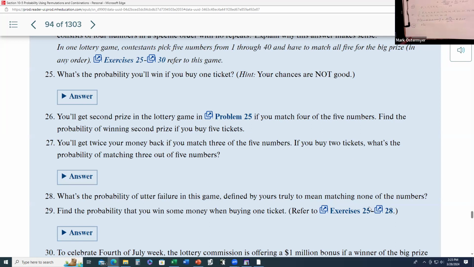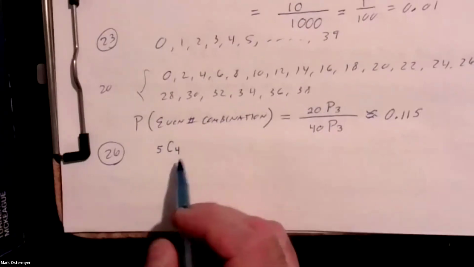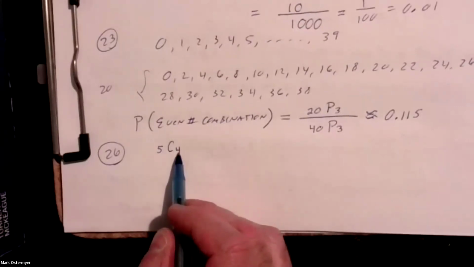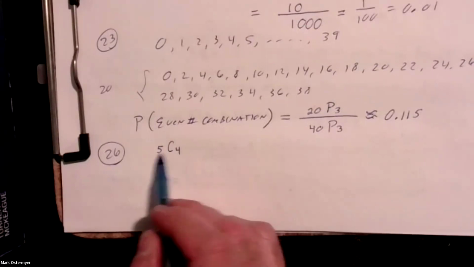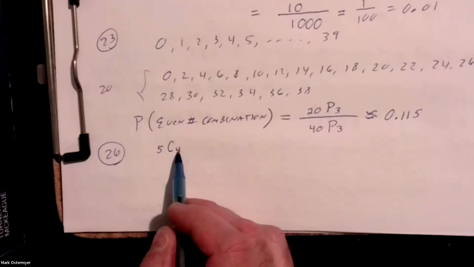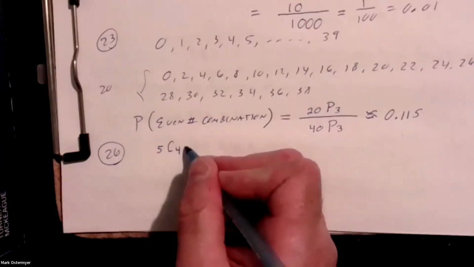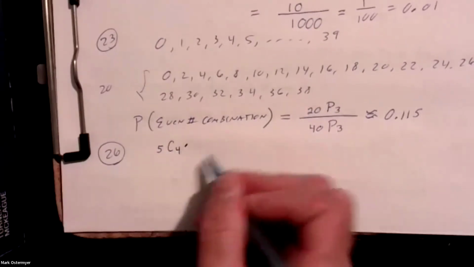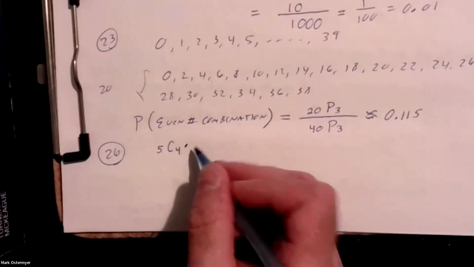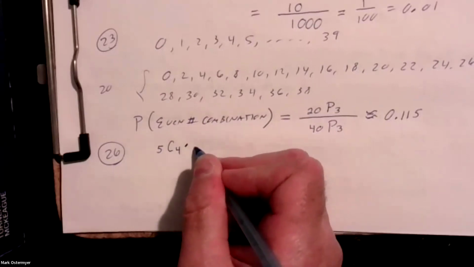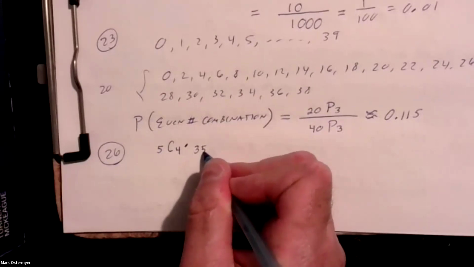So what's the probability of matching 4 of the 5 winning numbers? How many ways can I choose 4 of the 5 winning numbers if order doesn't matter? It'd be 5 choose 4. And my 5th number has to be a losing number. How many losing numbers are available? There are 35 losing numbers.